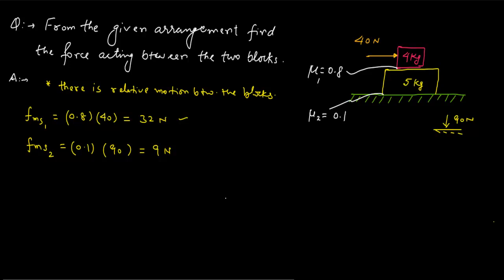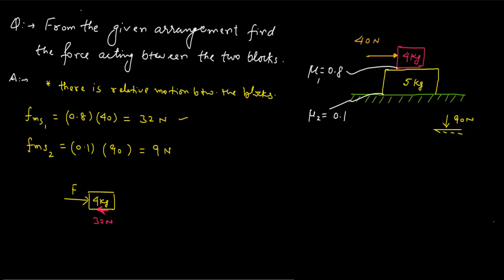Clear? Now suppose we don't know what is the force acting on the upper block. Let this force be F. We don't know what force is acting on this 4 kilogram block, and this force has the capacity to generate the force of maximum static friction between the 4 kilogram block and the 5 kilogram block, and that is 32 Newton.